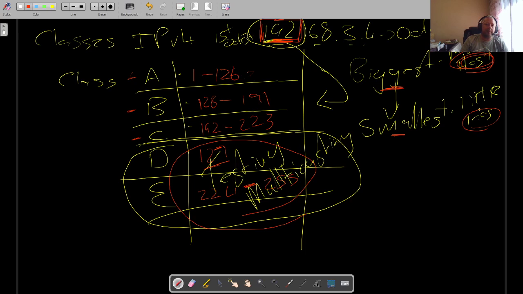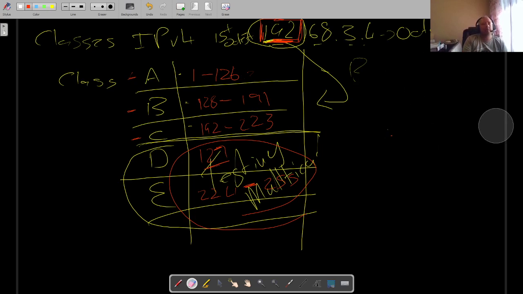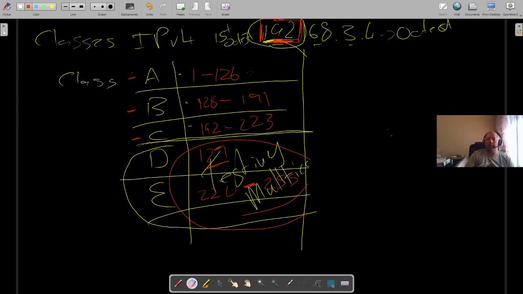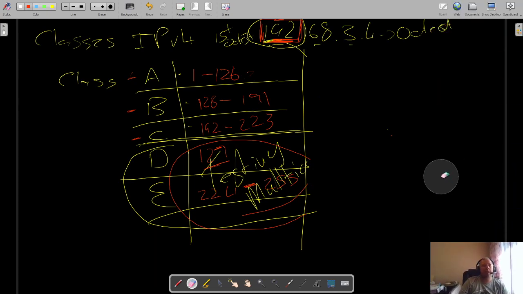The second thing that the classes of IP addresses tell us is something called the subnet mask.